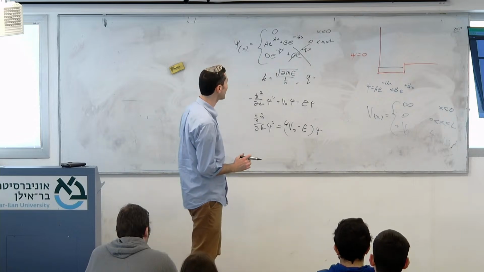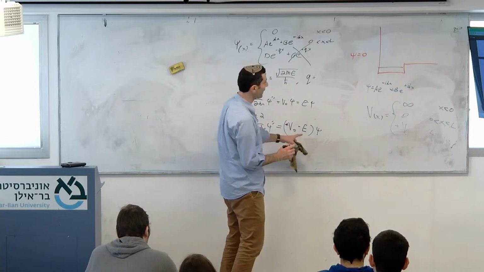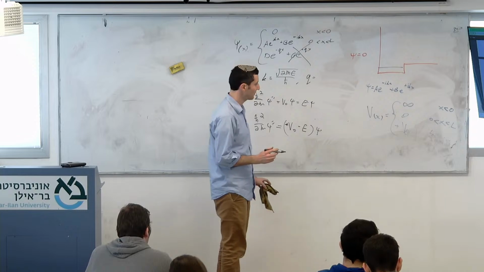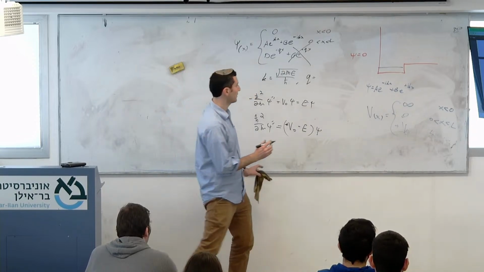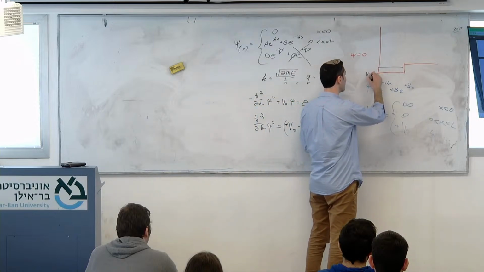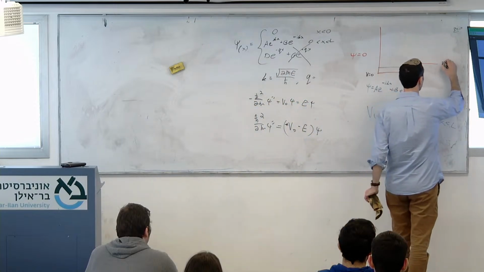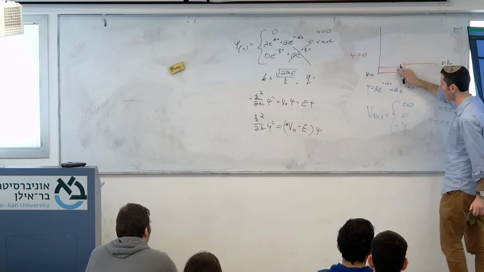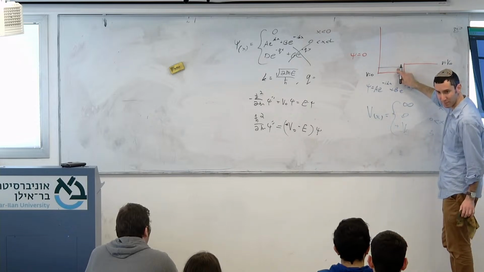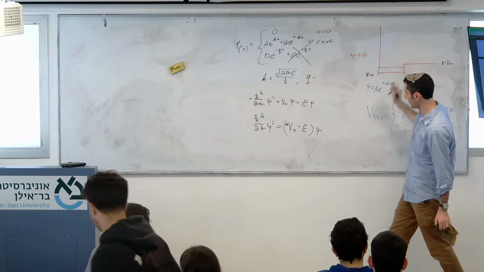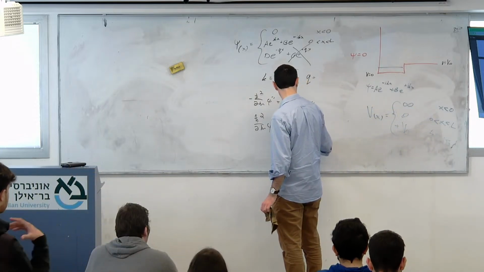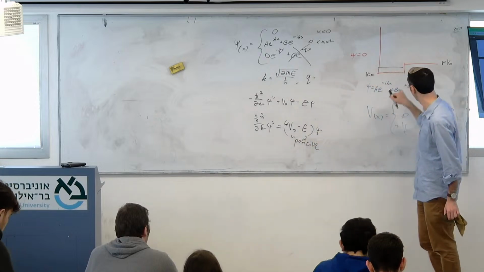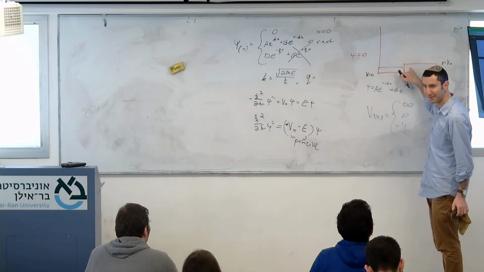Something didn't seem right. Now I know that my energy here is positive. Here V is 0, and here is V equal to V naught. So my energy here is positive, but it's smaller than V naught. So this thing here is positive. Do you see that it's positive? Ben, do you see that it's positive?